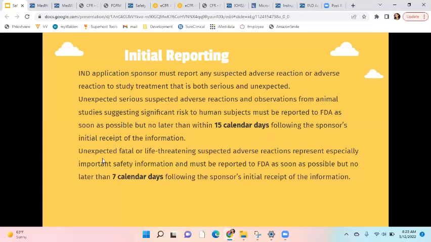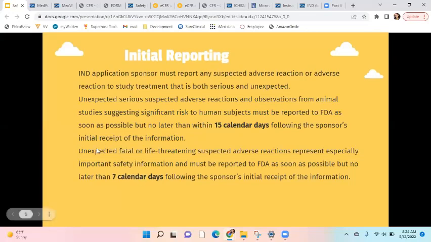The FDA wants to know right away, because if they think it's serious, that helps them potentially pump the brakes on the study and say, wait, you need to figure out what's going on before more people get sick. This is especially true if there are multiple SUSARs at the same dose. The FDA wants to be aware, versus finding out at the end of the study, months later. They want to be aware right away.